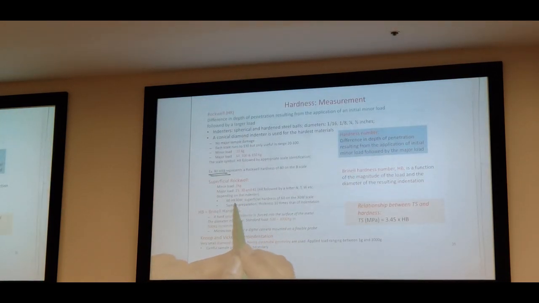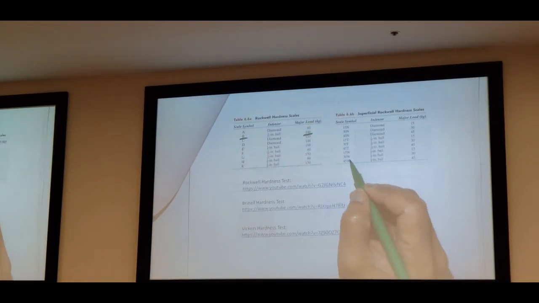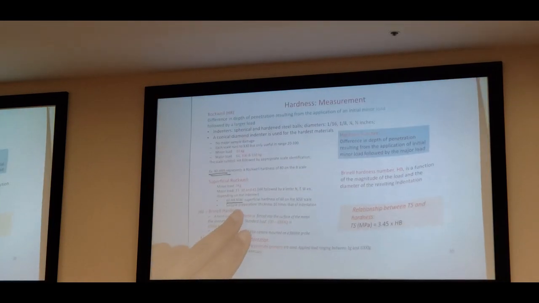And what about the superficial Rockwell? For example, it is 60 on HR with 30 followed by a letter like T or W. You will see some letters like this one, which means 15, 30, 45 N, T, W. So 60 on HR 30W means, what is the indenter?